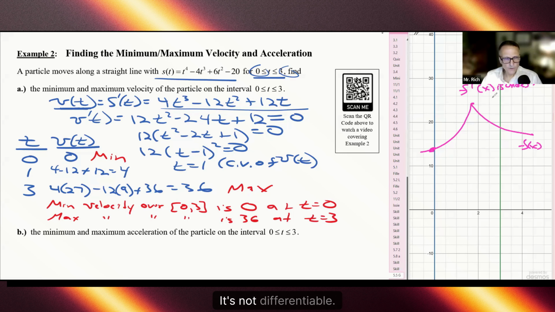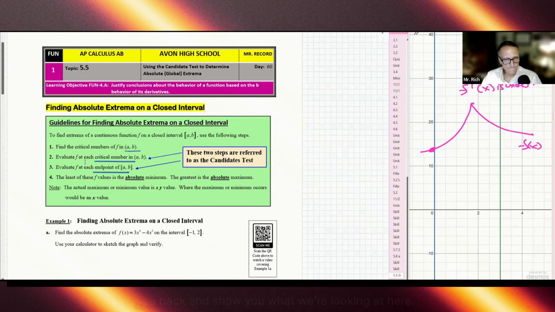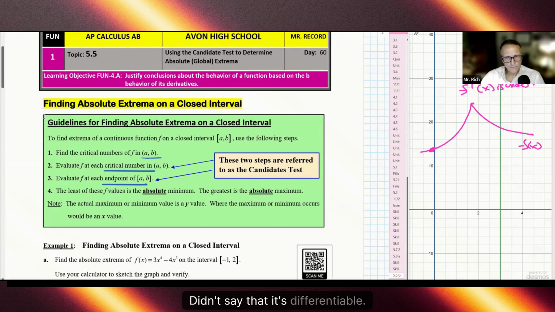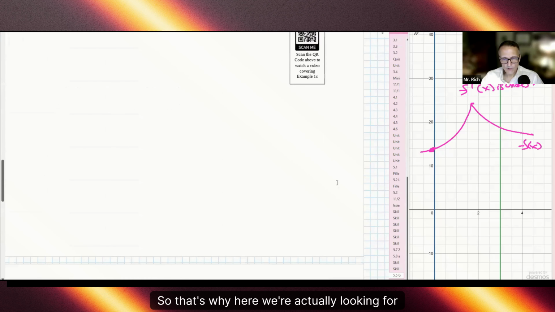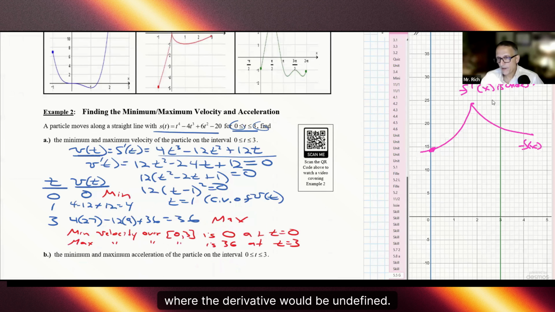Now, look at the criteria here. Let me go back and show you what we're looking at here. Notice it didn't say that it's differentiable. It says to find extrema of a continuous function. So this function is not differentiable, although it is continuous.